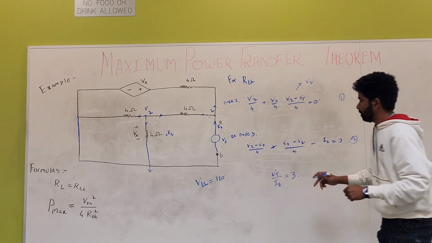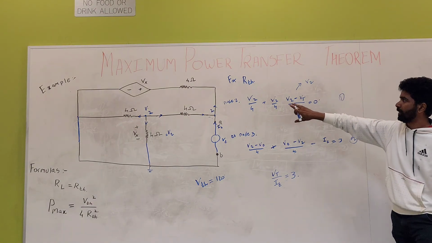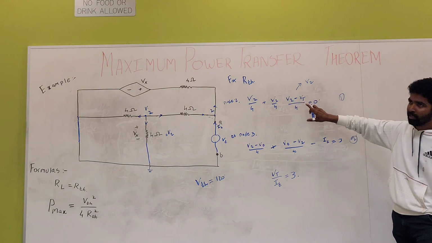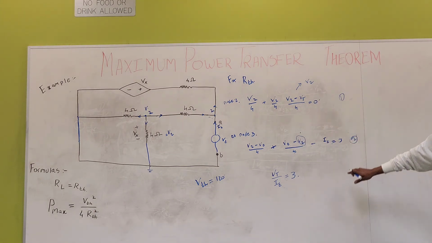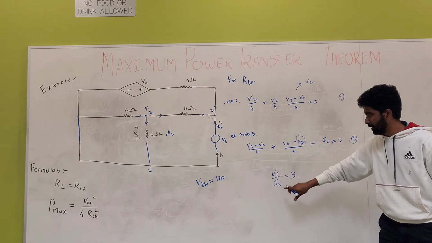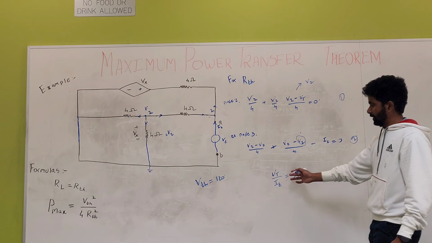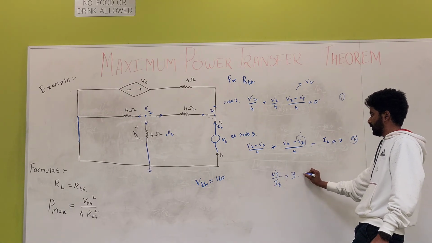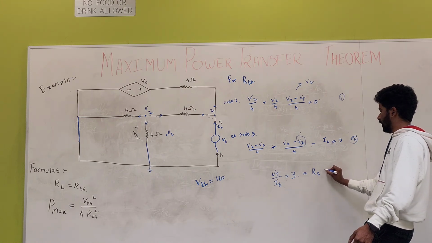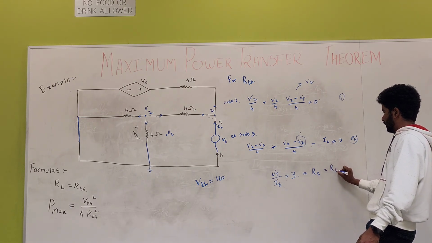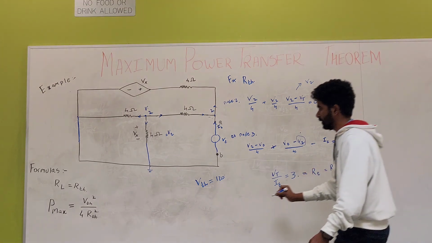If you substitute V2 in terms of VT, you will end up with VT upon It is equal to 3. Since VT upon It is nothing but the RT, it is actually your RTh.